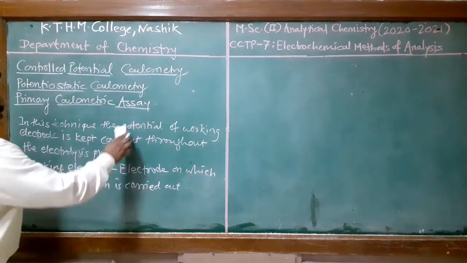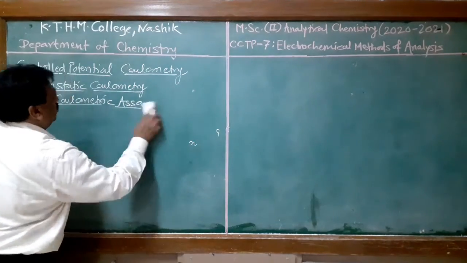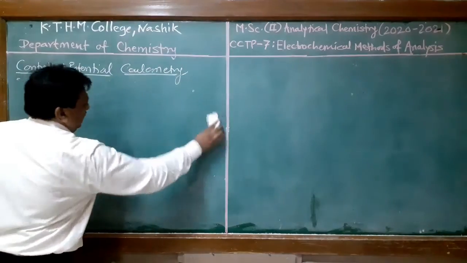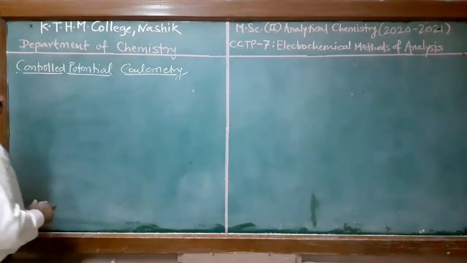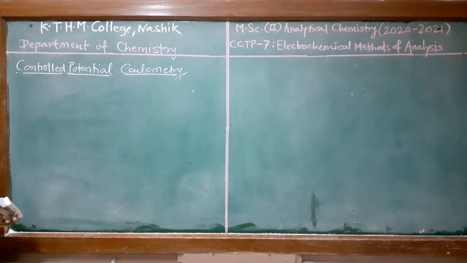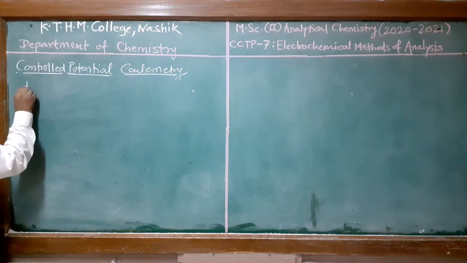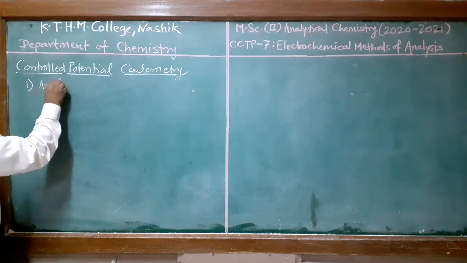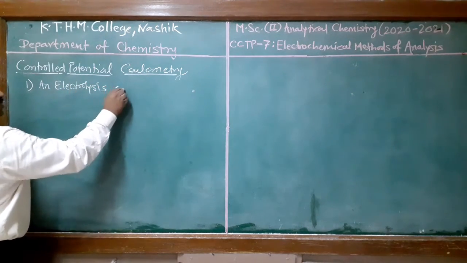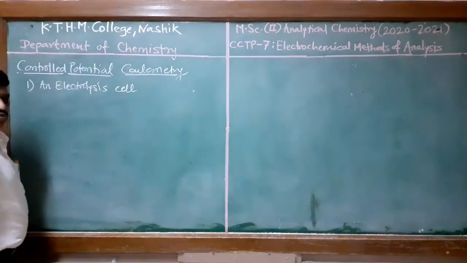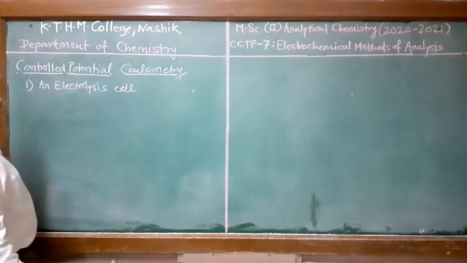Now we discuss the instrumentation of this primary coulometric assay or control potential coulometric assay. As its name suggests, it is a control potential coulometric assay. Therefore, the important requirement for this instrumentation is that first is the electrolysis cell. Electrolysis cell is the requirement for both types of coulometric assay, that is control potential coulometry as well as control current coulometric assay.